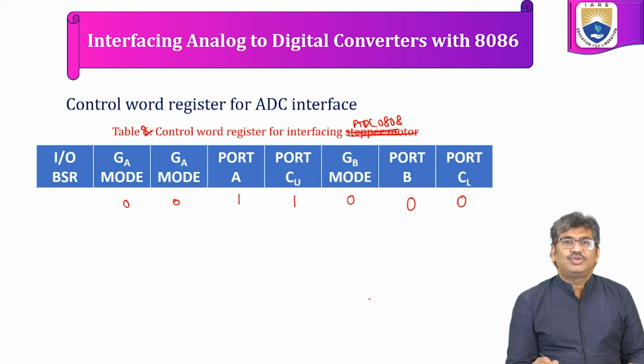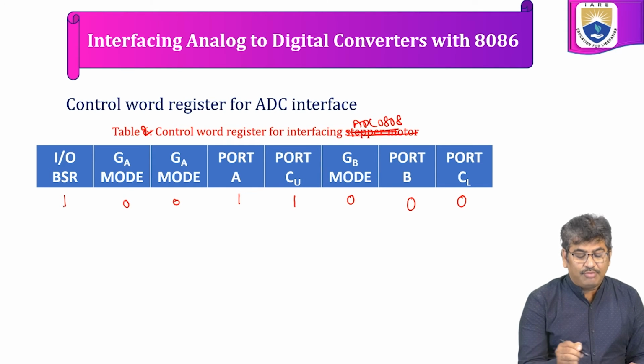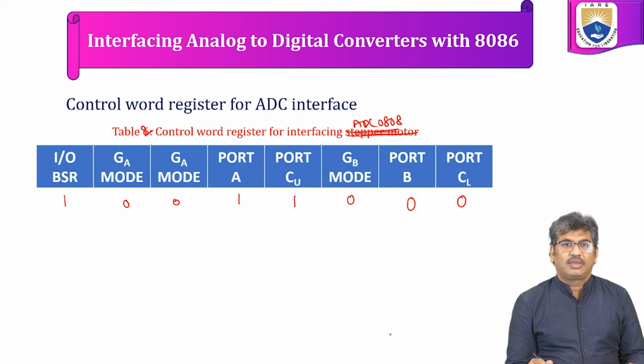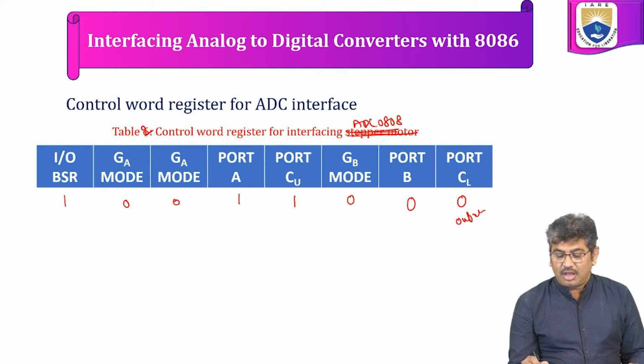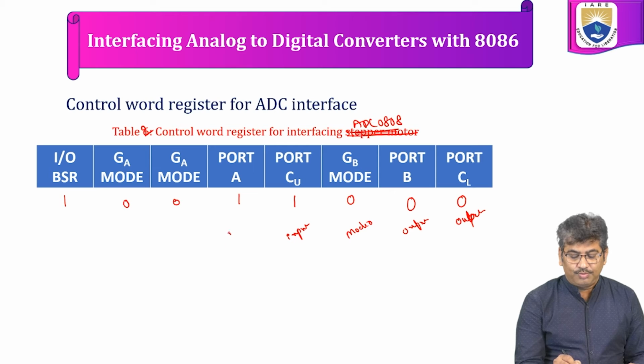As all these ports are used for IO applications, we will configure the MSB bit as 1. So this is for configuring port C lower as output, port B as output, mode 0 for group B, port C upper in input mode, and port A also in input mode.